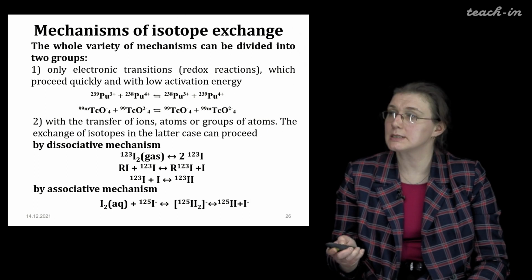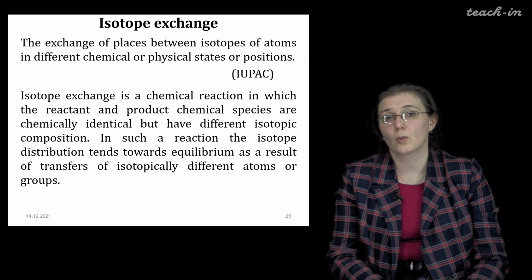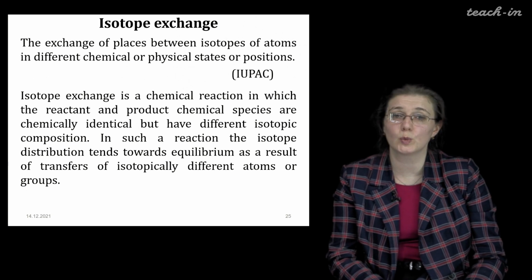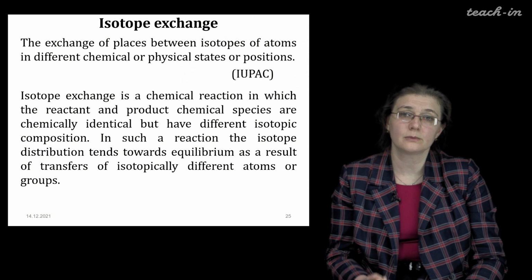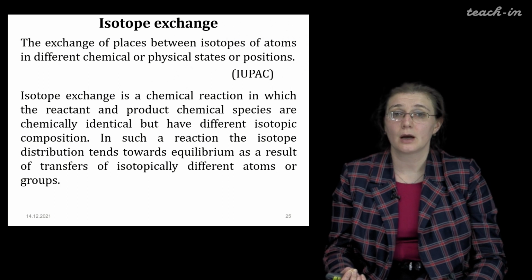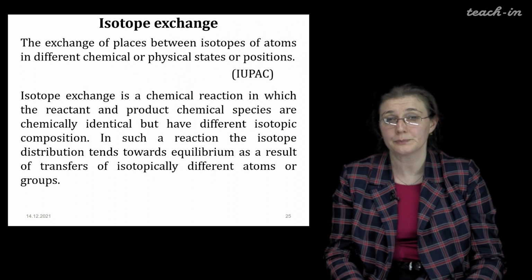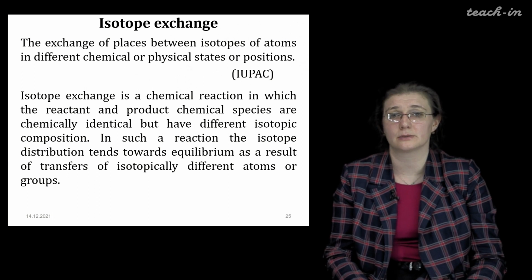As you have seen from the definition given here, we have a reaction in which one component has, for example, a radioactive label, and another component has the same element but another isotope.